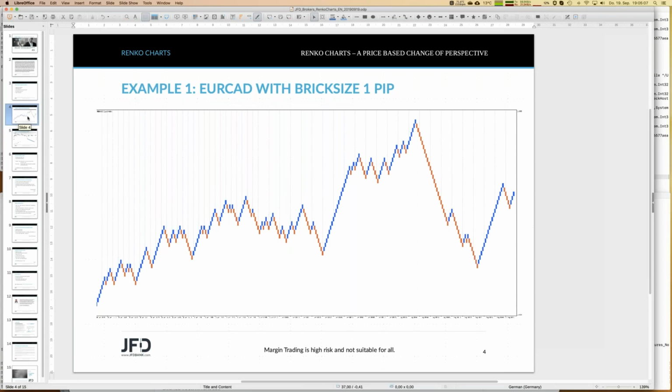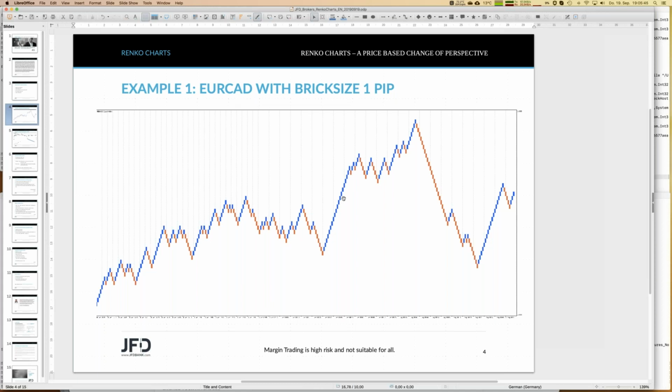On the slide, you have a Renko chart. And of course, you cannot read the time scale on the x-axis. And that's good, because Renko charts don't have a real time scale, or not a time scale which really matters. Although you could read it, it might mislead you, because Renko charts are price-based. Everything which counts are those bricks, those small candles within the chart.